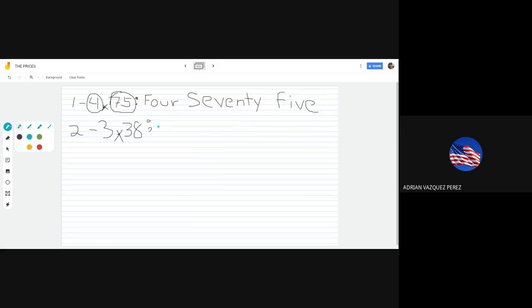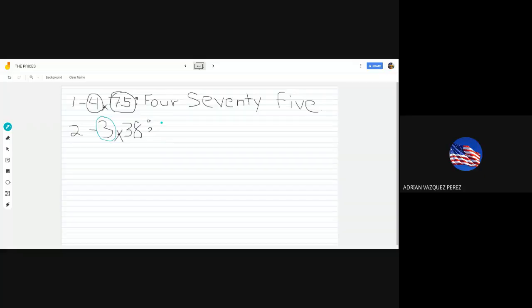Okay, let's continue. So the first number we're going to write is this one, correct? So the first number is going to be 3. Then this one we don't have to do anything because it's just the point. Then we have these two numbers, correct? Because these are the cents.